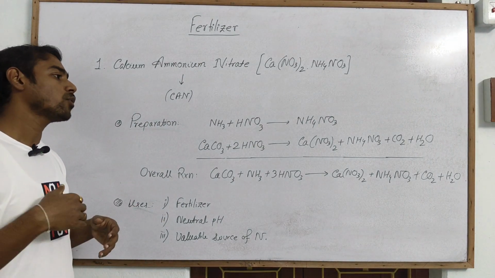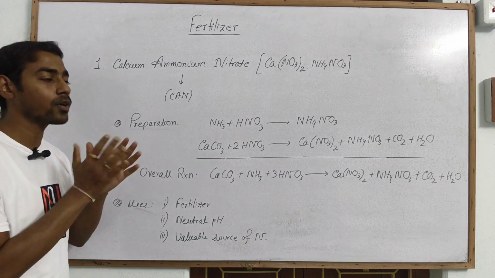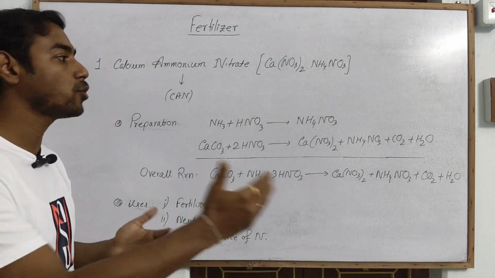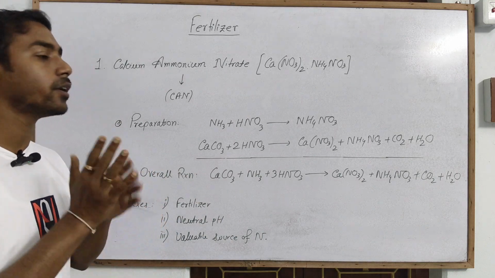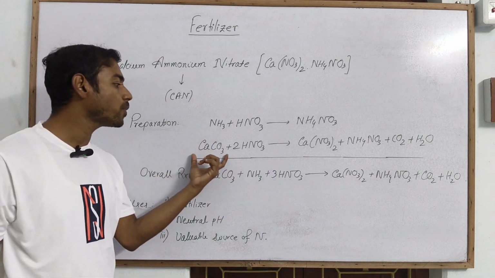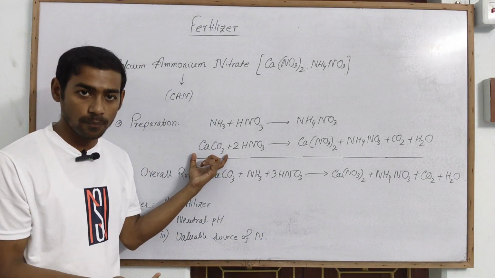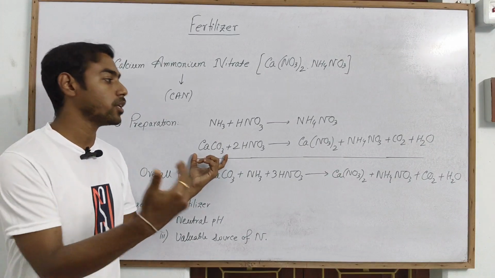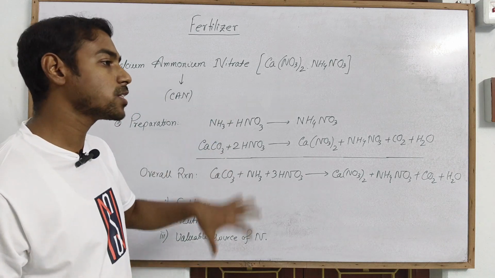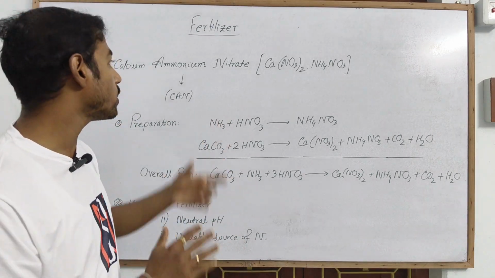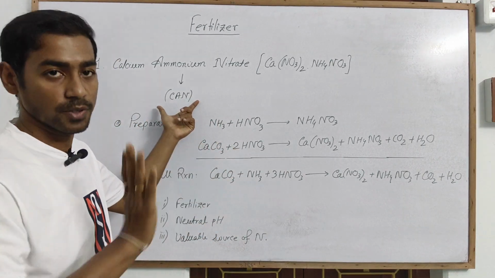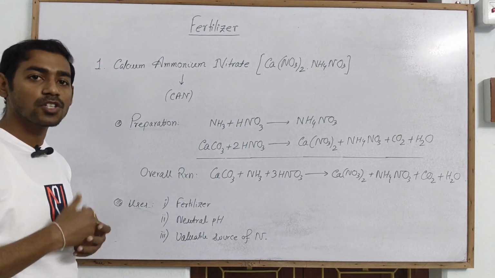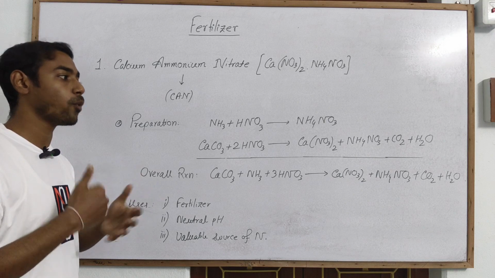Now, what is the color of calcium ammonium nitrate? The color varies from white to gray, but the actual color depends on the quality of the limestone powder you are using. If you use dolomite limestone powder, then the maximum percentage of nitrogen in this CAN is up to 20%. But that nitrogen percentage can be increased. How is it possible?